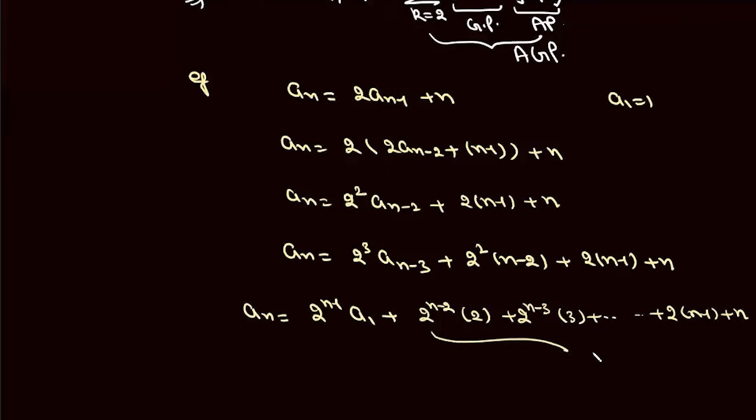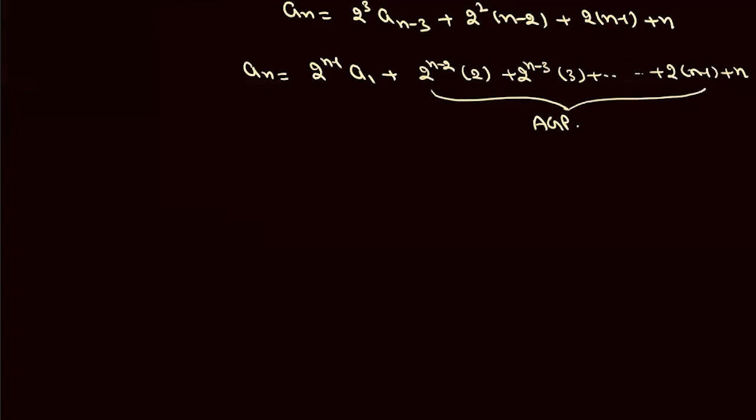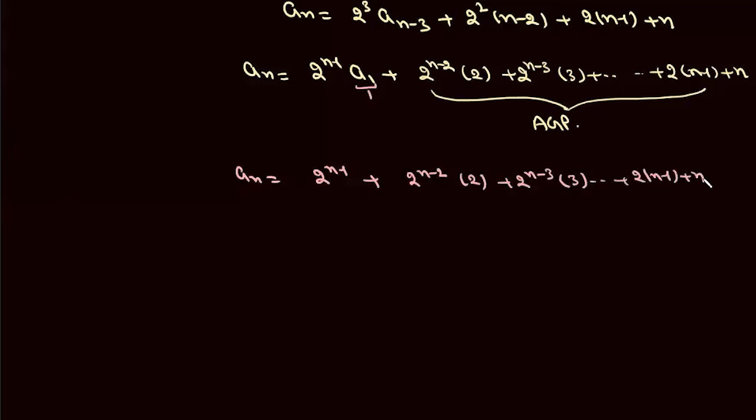Now this part is an AGP. Now to solve this question, we have to solve this AGP, and here the value of A1 is 1. So we can write this as A(n) equals 2 to the power of n minus 1 plus 2 to the power of n minus 2 into 1, 2 to the power of n minus 3 into 2, up to 2(n-1) plus n.